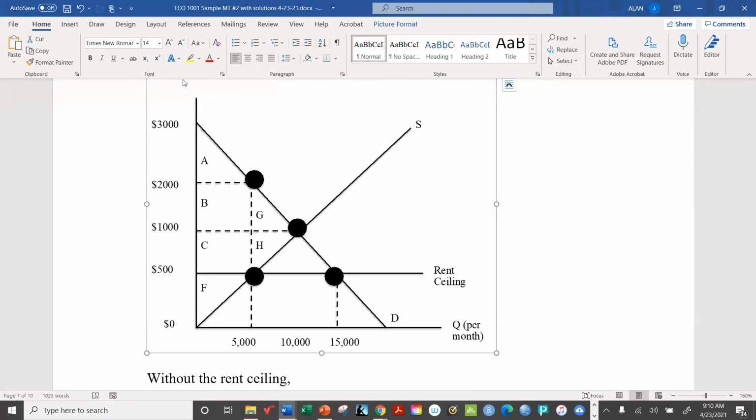The letters you can use to help analyze other questions that we're not going to see here. For example, you can use this to calculate the so-called deadweight loss. But right now, we're only focused on consumer and producer surplus. So the consumer, we have this piece. This is in equilibrium.